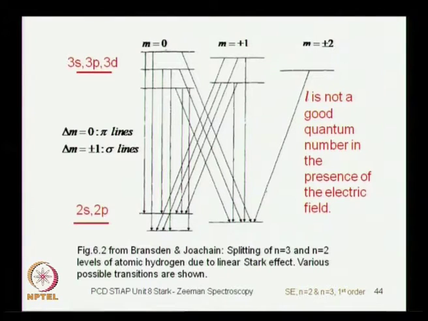So, there will be 9 degenerate functions. So, 3s, 3p, 3d will all be degenerate, and then L is not a good quantum number as we have already seen. So, you will have various possibilities. The degeneracy will be removed partially, but not fully, and you can carry out a similar analysis and extend it to Stark effect of higher quantum numbers.